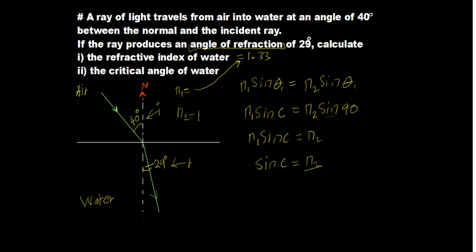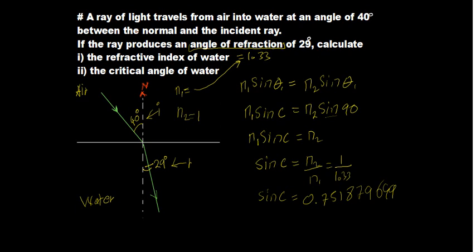Our n2 is 1, divided by our n1, which is 1.33. So when we go to our calculators, we say 1 divided by 1.33. What we get is sine C is equal to 0.751879699.